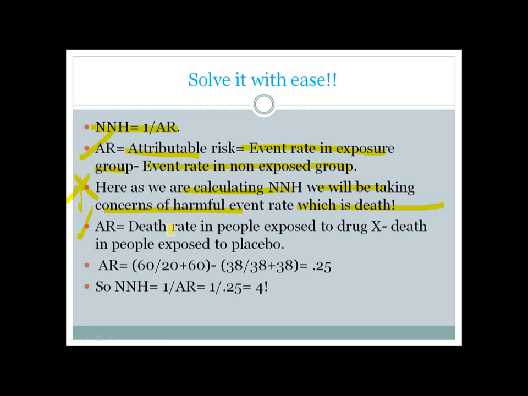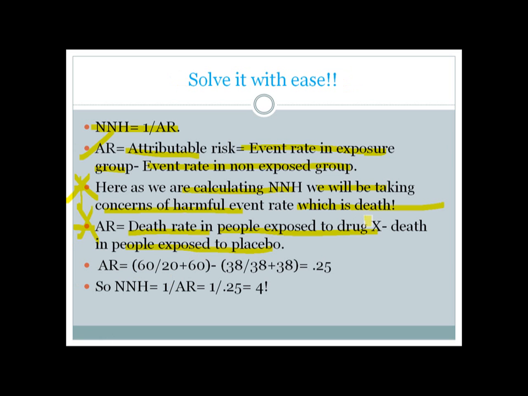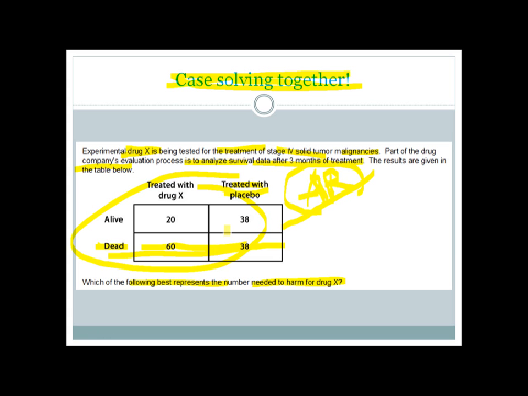And AR should be converted to the death rate in people exposed to drug X, which is the exposure group, minus the death rate in people exposed to placebo or normal drugs or nothing. The death rate in people who are exposed to drug X is 60 out of 20 plus 60. Those are the people who died, and that is the total population. The total population treated with drug X was 80, and among those 80 people, 60 died.